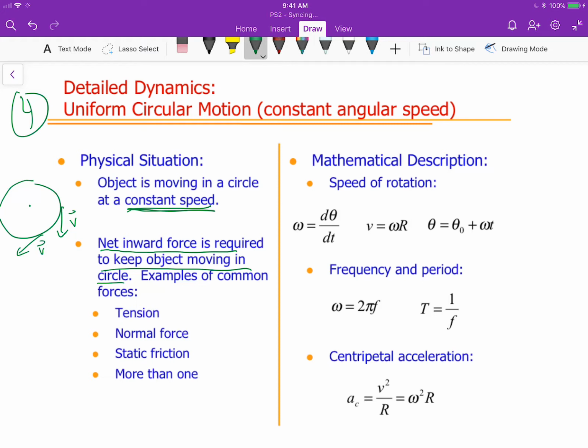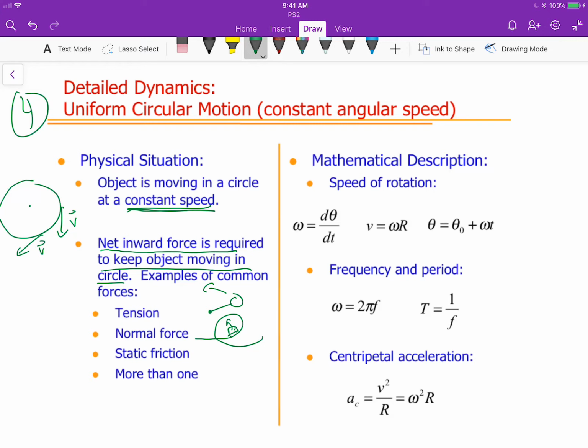So we don't say centripetal force, we just identify the force that's keeping something moving in a circle. You could have tension if you have a ball on a string that's swinging around. It could be normal force if, let's say, you have a roller coaster going around in a circle, so you have some inward force from that.